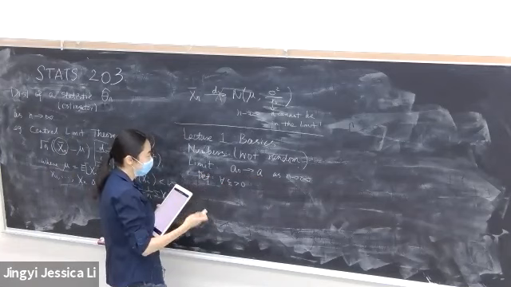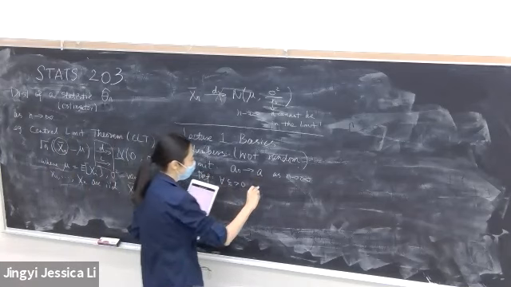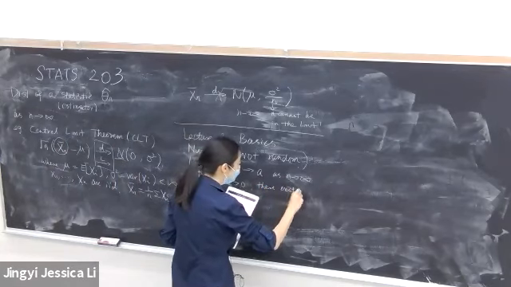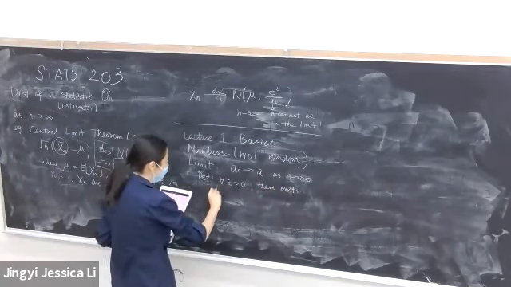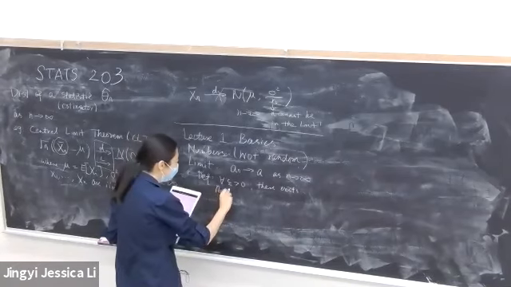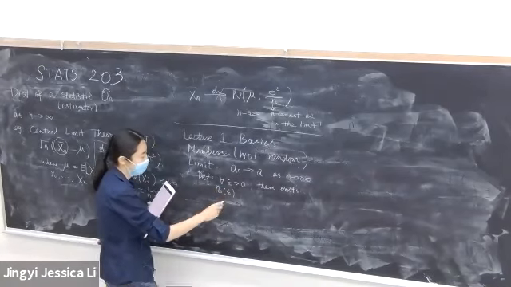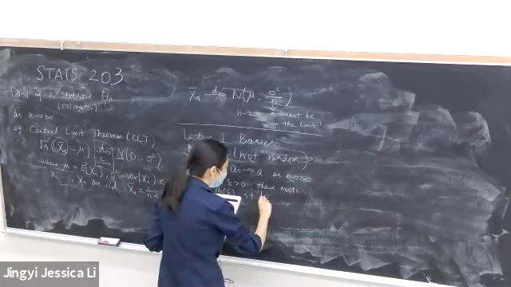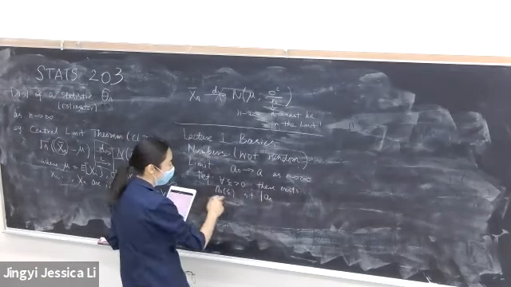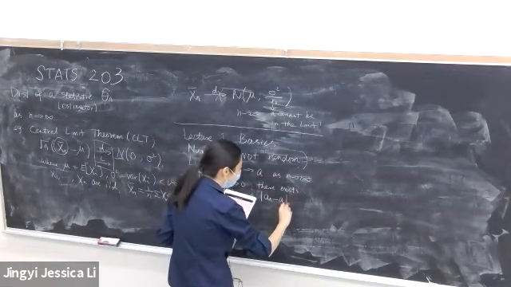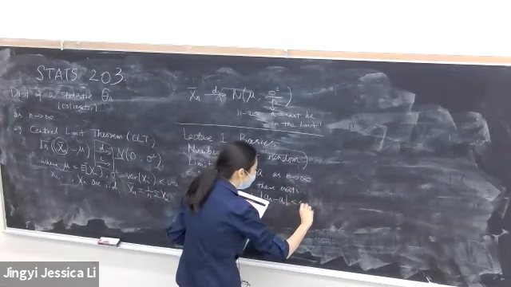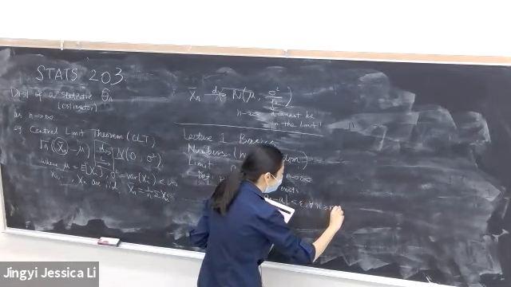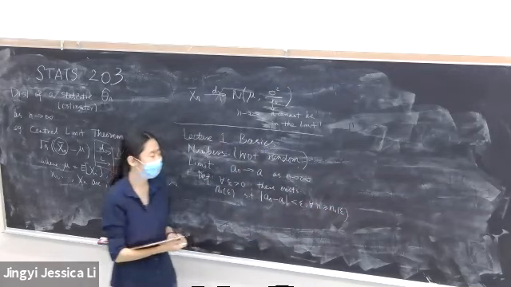So what I need is that given this epsilon, there exists an integer n0, that depends on the epsilon, such that |an minus a| is less than epsilon for any n greater than or equal to this n0. So this is what I said.